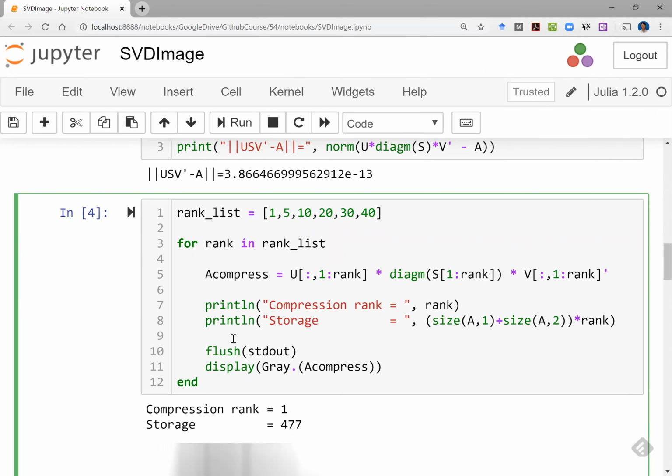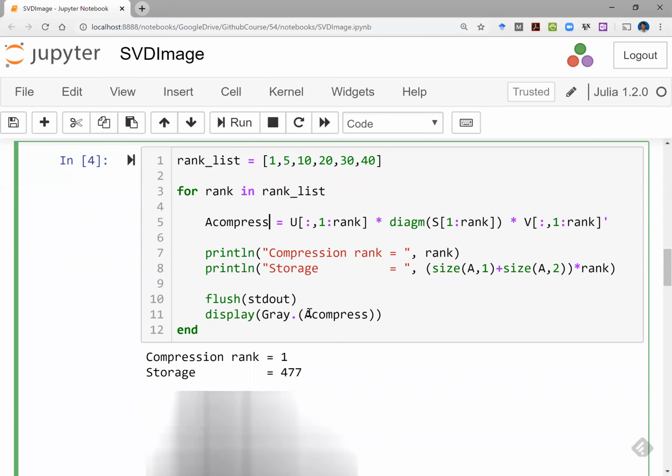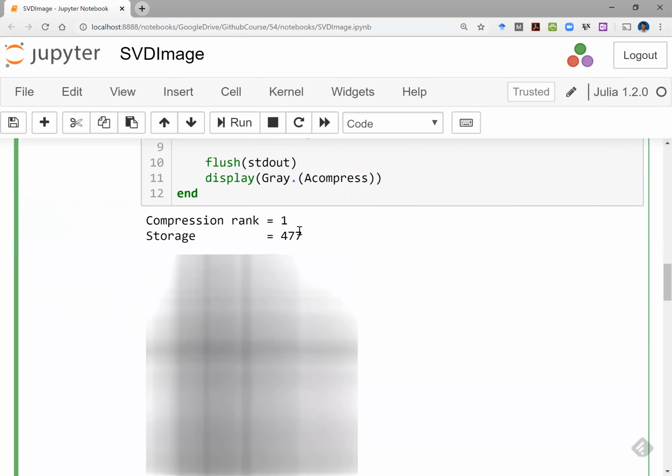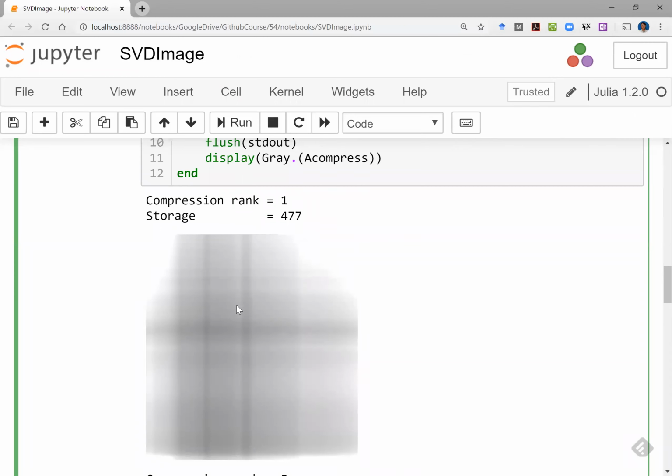Then I print out the storage cost, which is the number of rows plus number of columns times the rank. And then I display the corresponding picture. Remember, the original picture looks like this. If I do a rank 1 compression, it's just a blob of things. You can even see some textures.